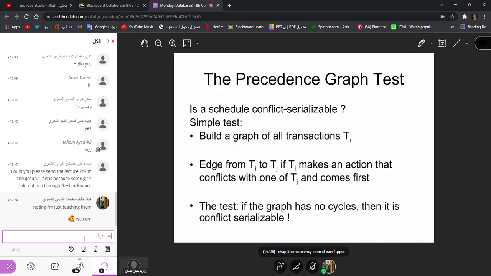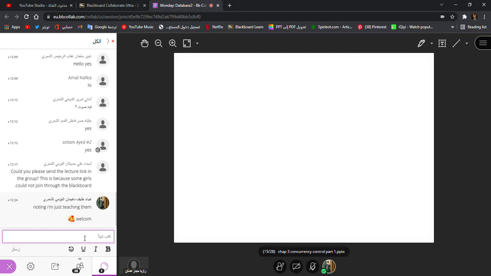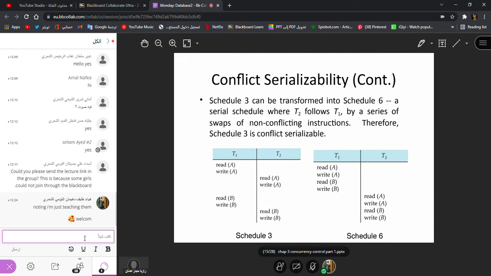In the precedence graph, I already told you that if you have cycles in the graph, which was also in your exam, then it is not conflict serializable. And if it has no cycle, then it is conflict serializable. And what was conflict serializable? Conflict serializable means that if you have a non-serial schedule like this, this is not a serial schedule, right?